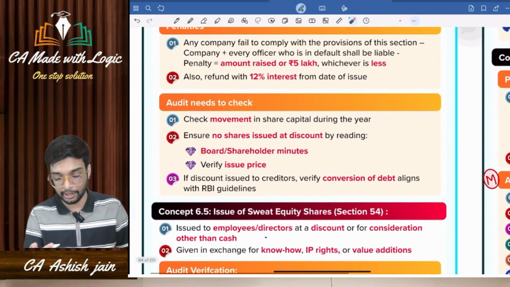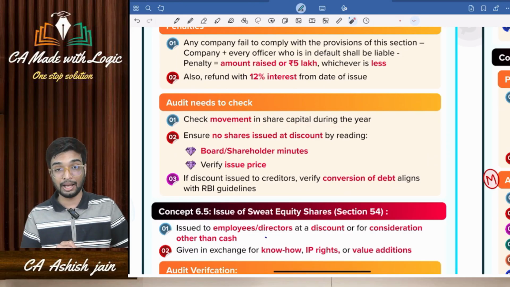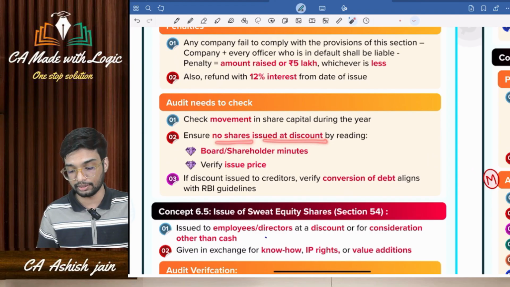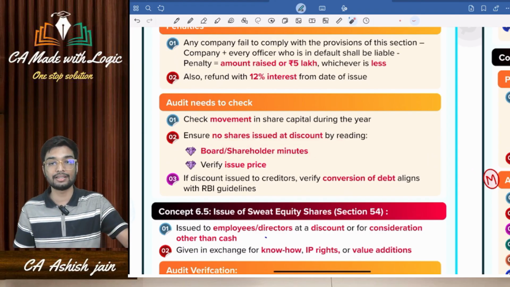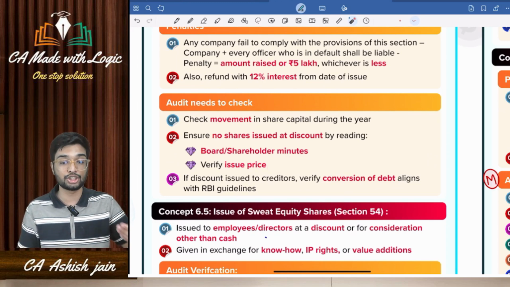What the auditor will be verifying: the auditor needs to check the movement in the share capital during the year, and make sure that no shares have been issued at a discount by reading the board minutes or the shareholder minutes, or by verifying the issue price.